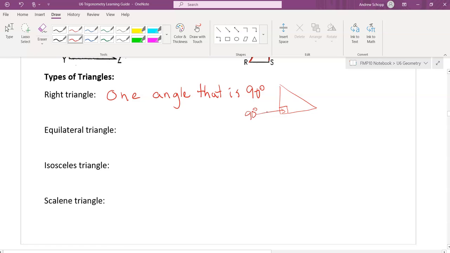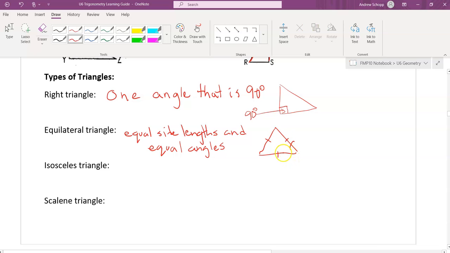An equilateral triangle has equal side lengths and equal angles. So we can draw that out. These little hash marks make sure you understand that all three of those sides are the same.